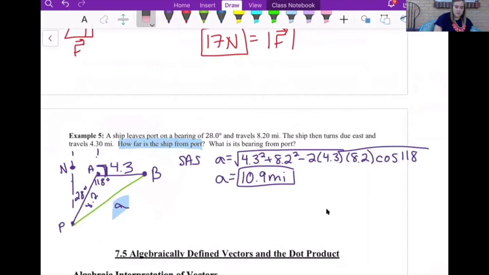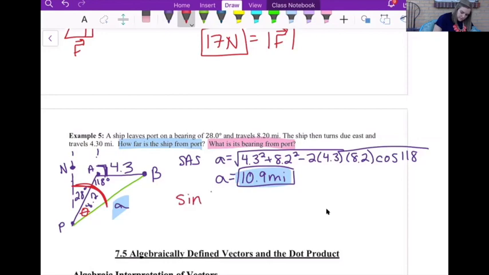Okay, so now we want to find what is the bearing from the port. So that would be this whole angle. So I'm going to call this theta, because then we know we can use law of sines.